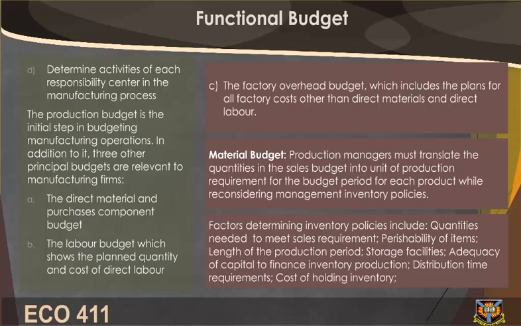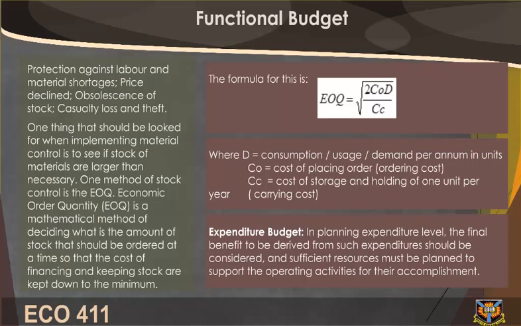Factors determining inventory policies include quantities needed to meet sales requirements, perishability of items, length of the production period, storage facilities, adequacy of capital to finance inventory production, distribution time requirements, costs of holding inventory, protection against labor and material shortages, price decline, obsolescence of stock, casualty loss and theft.